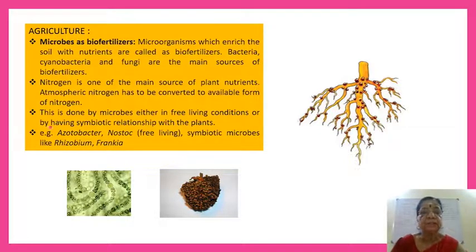So microorganisms which enrich the soil with the nutrients are called as biofertilizers. Bacteria, cyanobacteria and fungi are the main sources of biofertilizers. Nitrogen is one of the main source of plant nutrients.